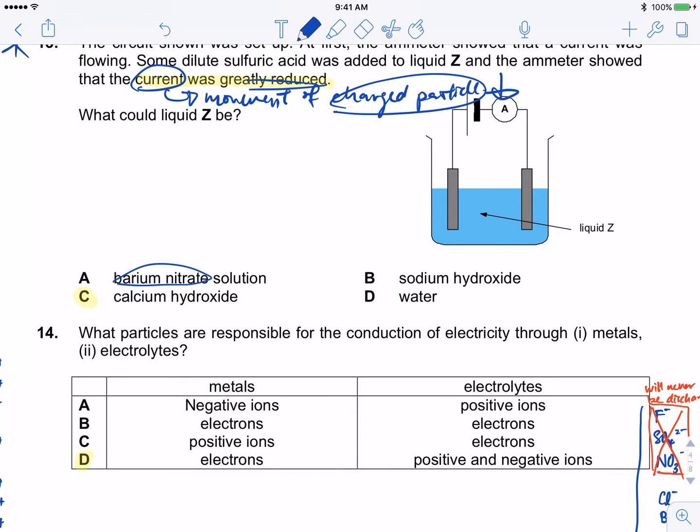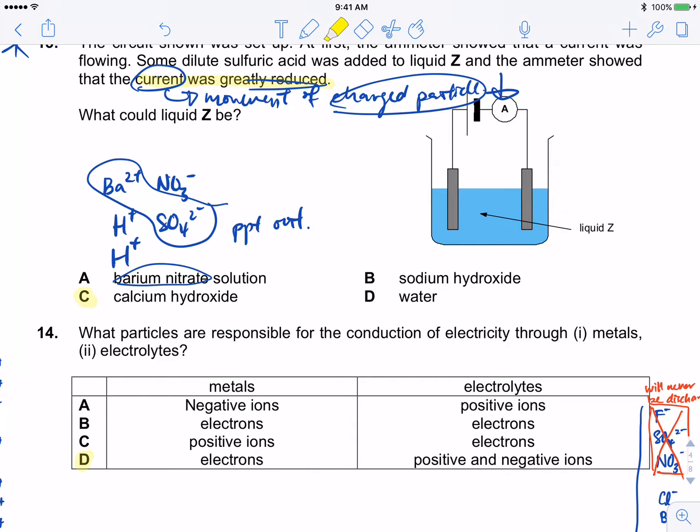We have barium nitrate with sulfuric acid. Okay, we know that this will precipitate out. So you must think, at first I have 3 moles of ions.